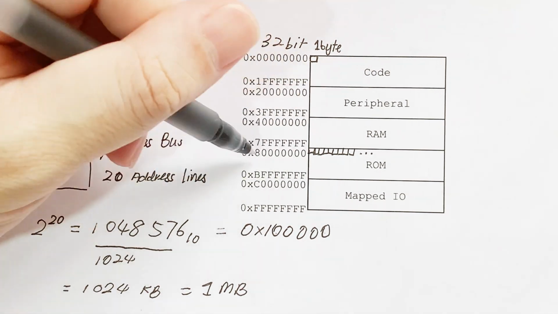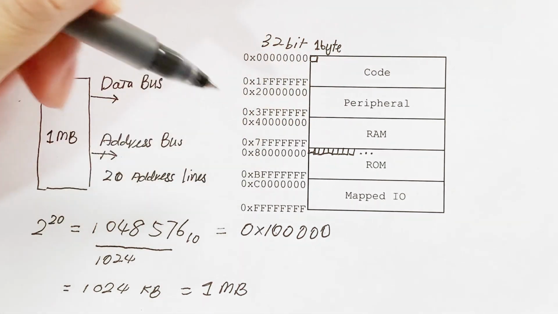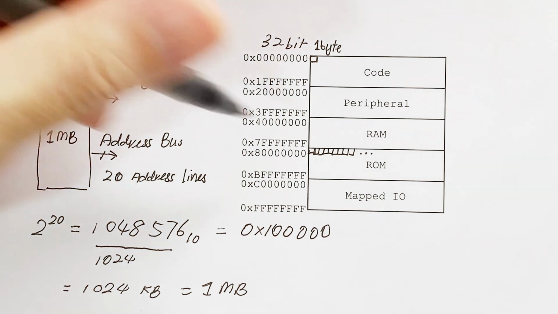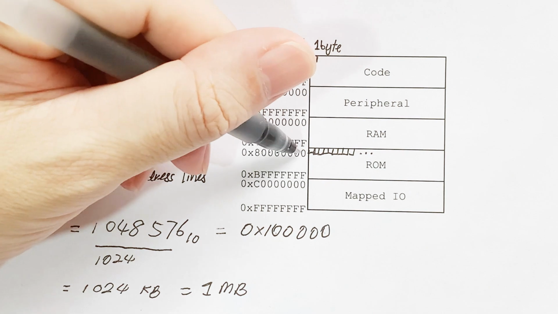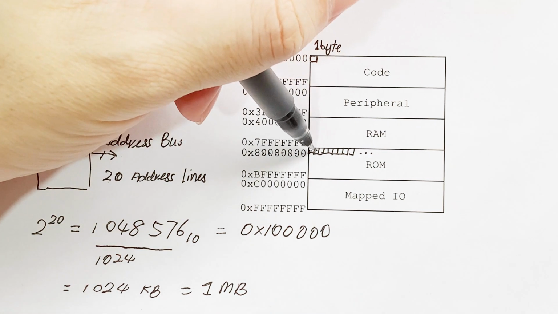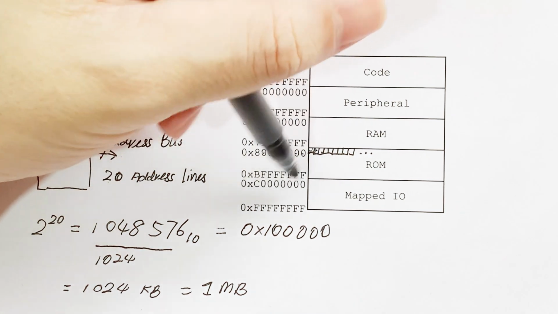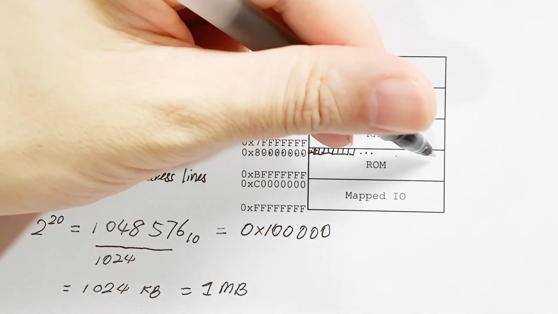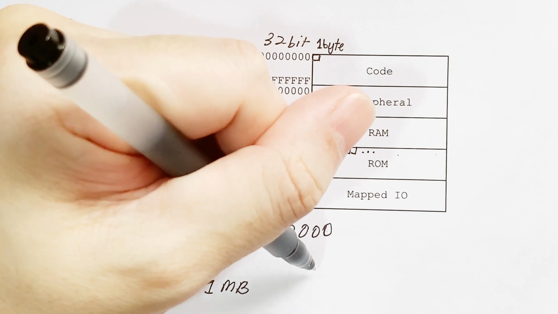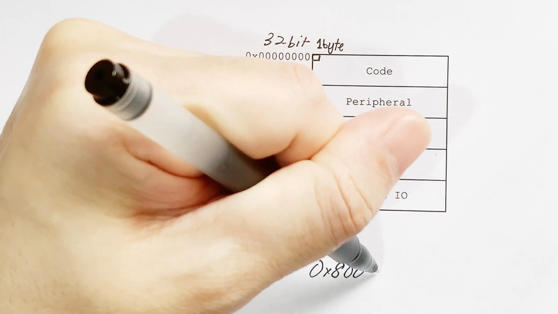Of course the address does not start with 0. In this case, for example, if you are talking about ROM, the address starts with 80000000, and your memory will be allocated with unique addresses starting from this value up to 100000 in hexadecimal.